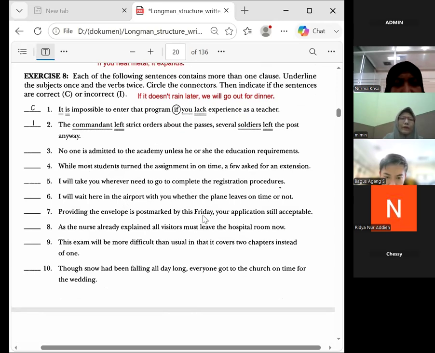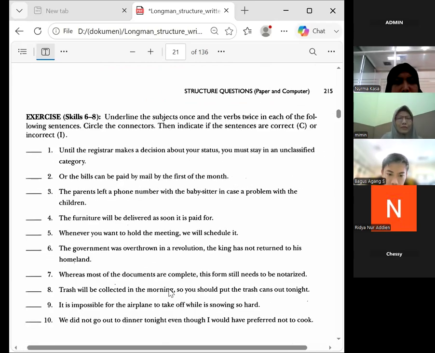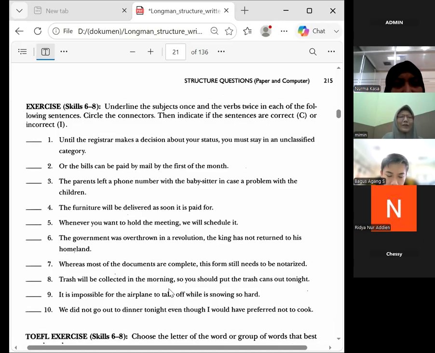Providing. All right. There's one in that here. Do you want to do this? Exercise 6 through 8. Well, in that is somewhere here, but I forgot where it is.